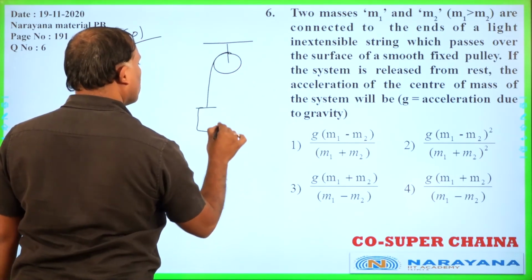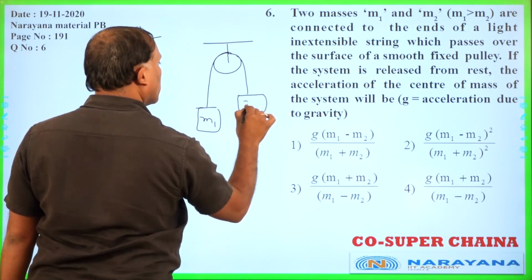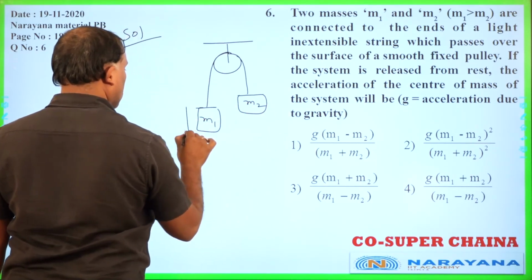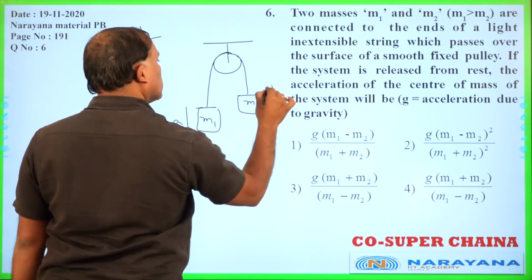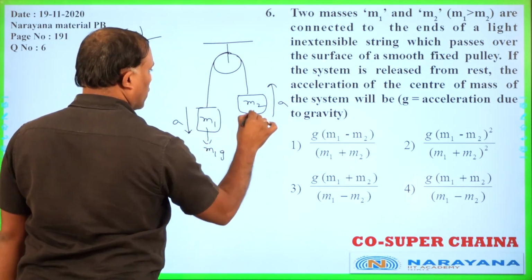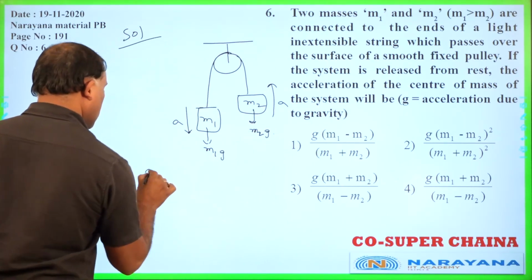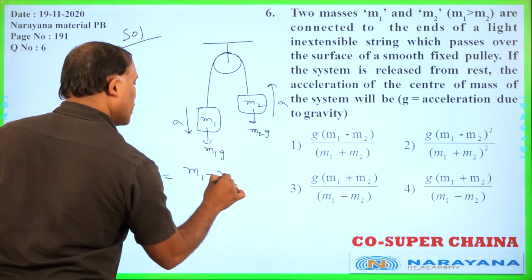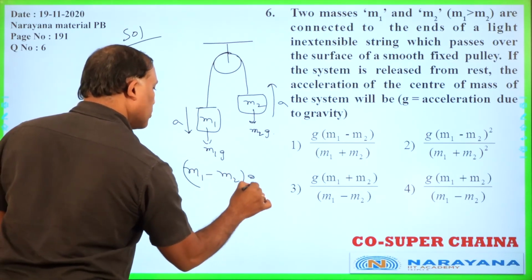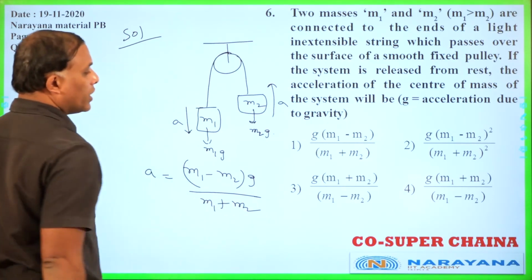This is m1 and this is m2, this is A and this is A, m1g, m2g. Then A is equal to m1 minus m2 into g by m1 plus m2.